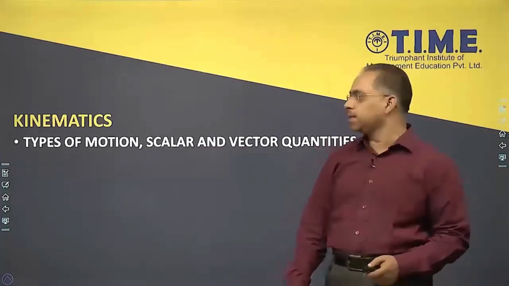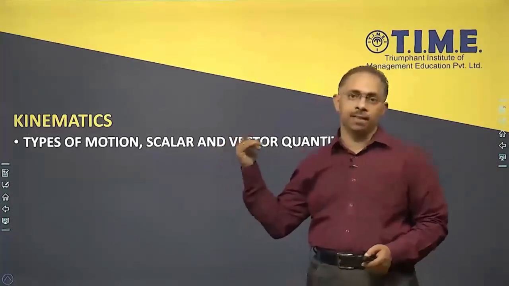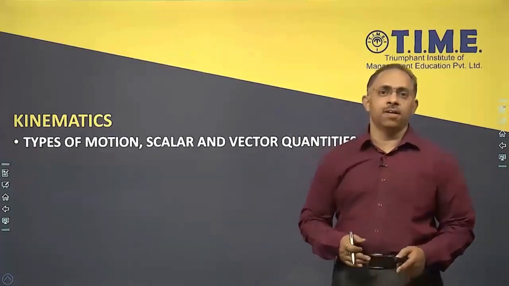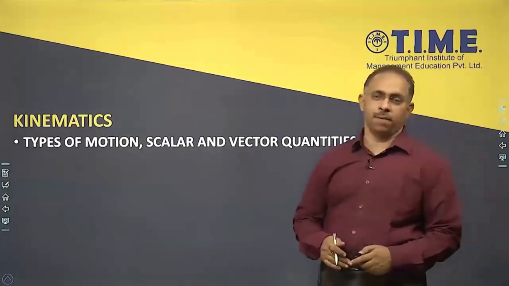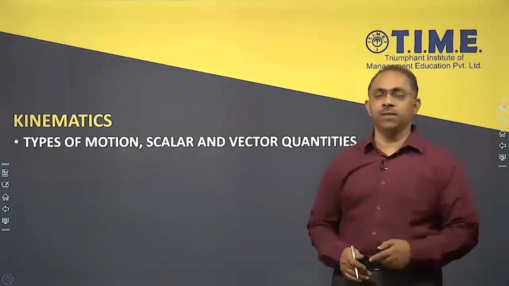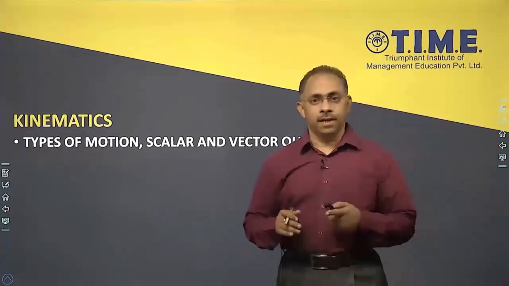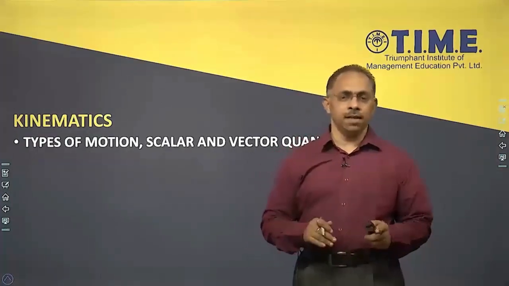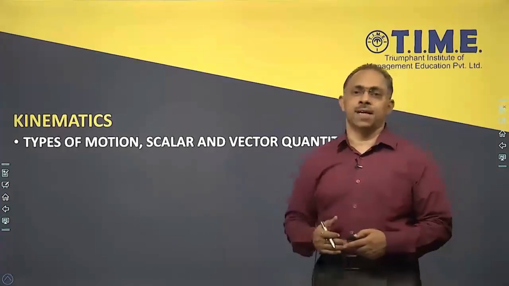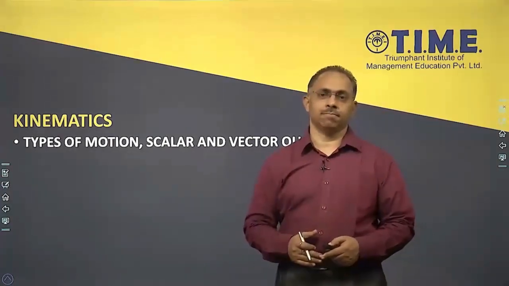Hope you are clear with the concepts of types of motion, scalar and vector quantities in the chapter Kinematics. If you are not clear with any of the concepts, please go to that particular part of the basics video, understand the concepts, and then come back to this video where we discuss the application based questions.